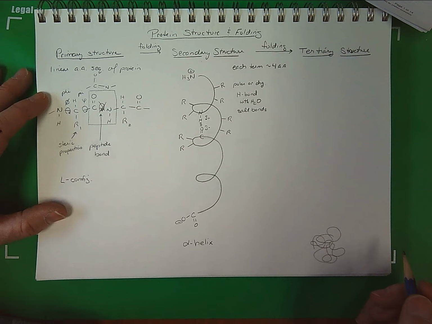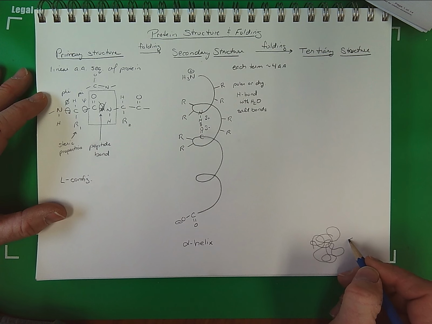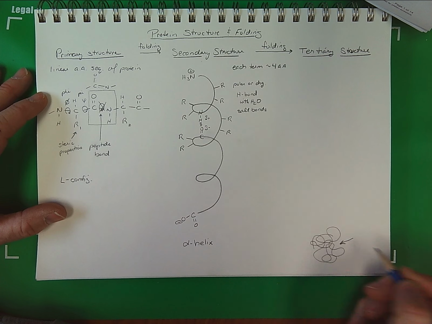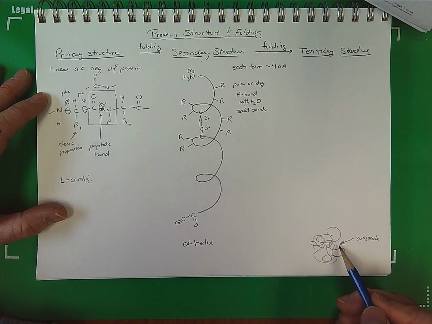For example, if this is the final goal of our folded protein, this would be called tertiary structure, and notice that we have a cleft. So if this is an enzyme, substrates now have a place to form bonds with the enzyme and then be subsequently converted and catalyzed into product.